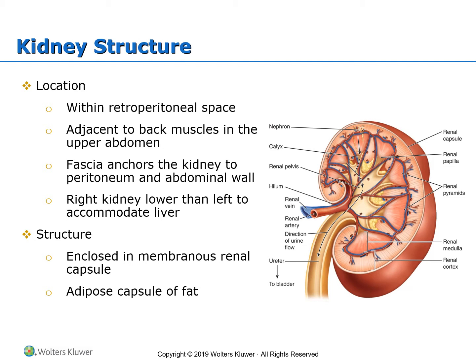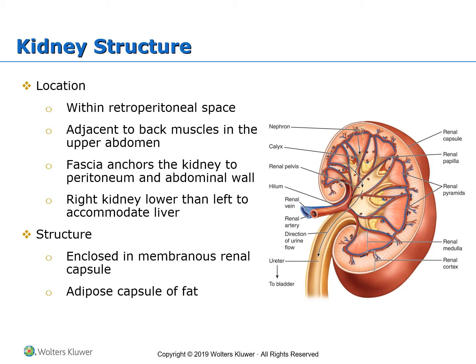If you see, it has this kind of bean shape. It has a concave area and it has a convex part. The convex part is called the hilum. And at that level, just like in any other organ that has this type of structure, the renal artery and the renal vein, together with the ureter, will come together and will enter the kidney.